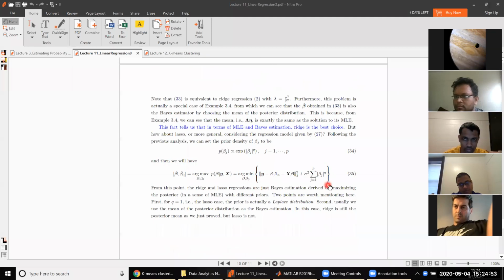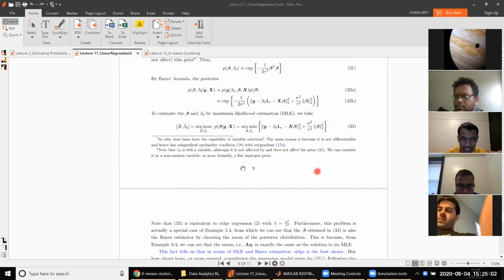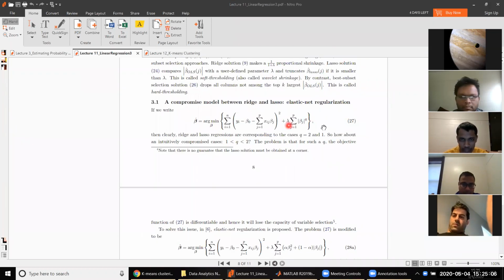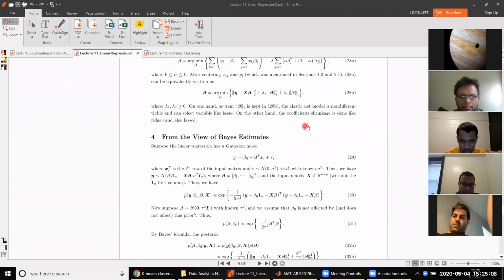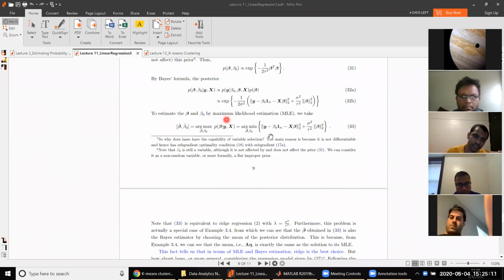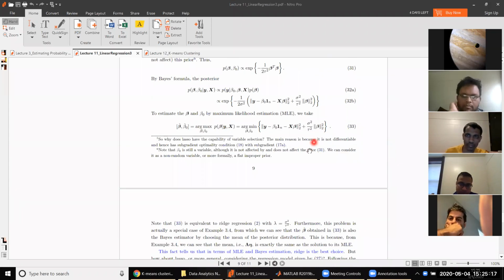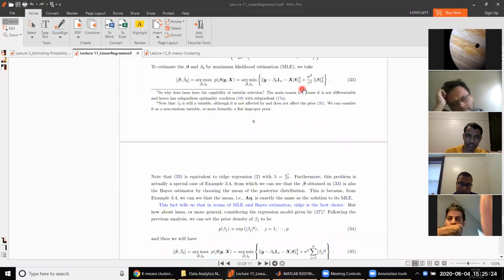However, here, if you want to use the mean to be the point estimator, then you will not get the Lasso back. In other words, in terms of this form, in terms of 27, ridge is the only case for the traditional Bayes estimates, in which we use the mean of the posterior distribution to be the estimator, that is gonna get the same result.